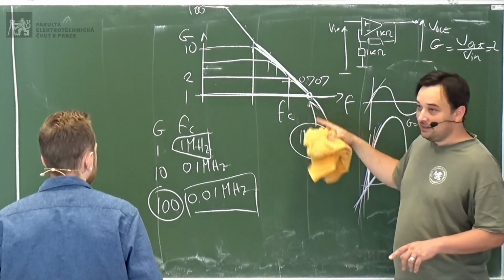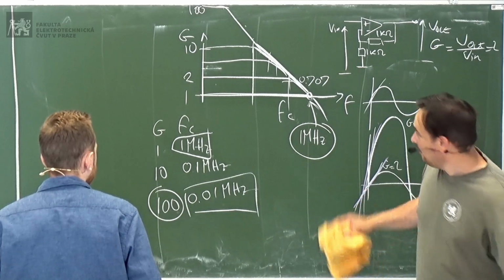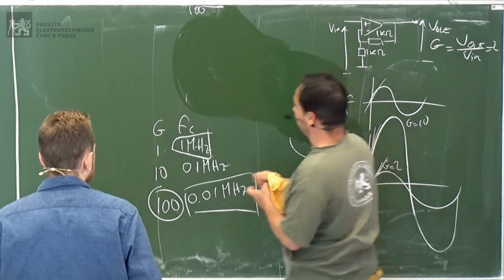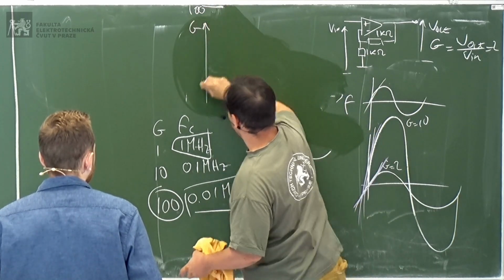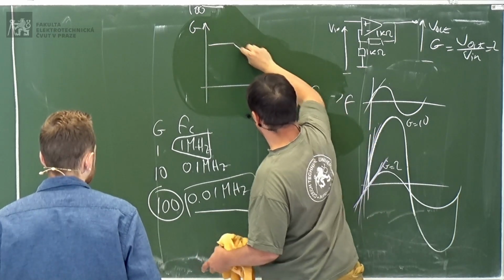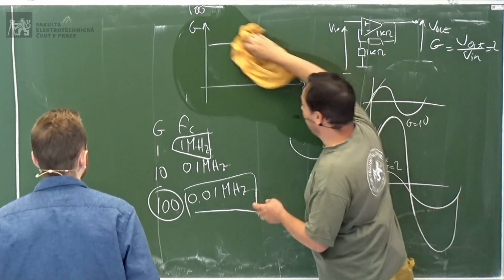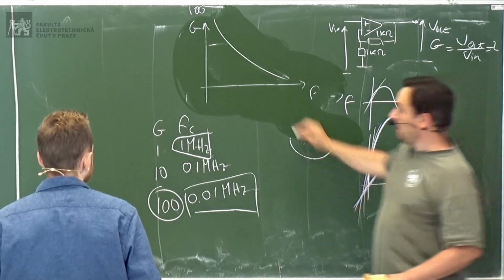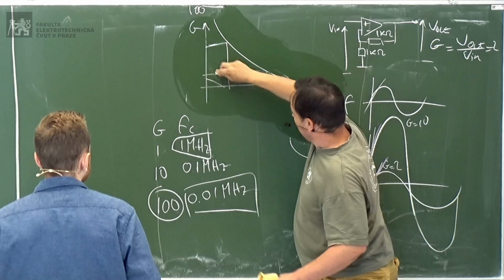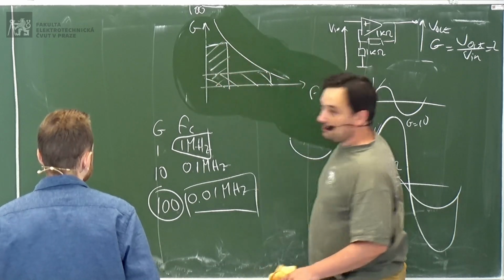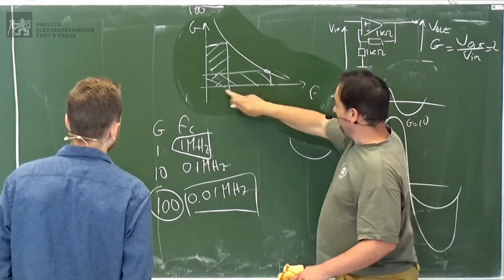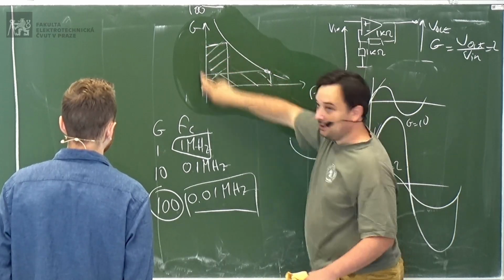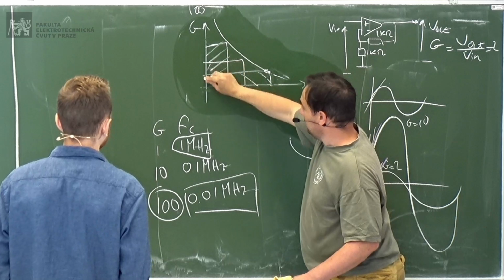Just to be clear, this is in logarithmic scale, okay? So this looks like a line, but it's because it's in logarithmic scale. If you plot in linear scale, it's going to look like this, okay? That's why the product is always the same. So bandwidth times gain here is equal to the bandwidth times gain there.